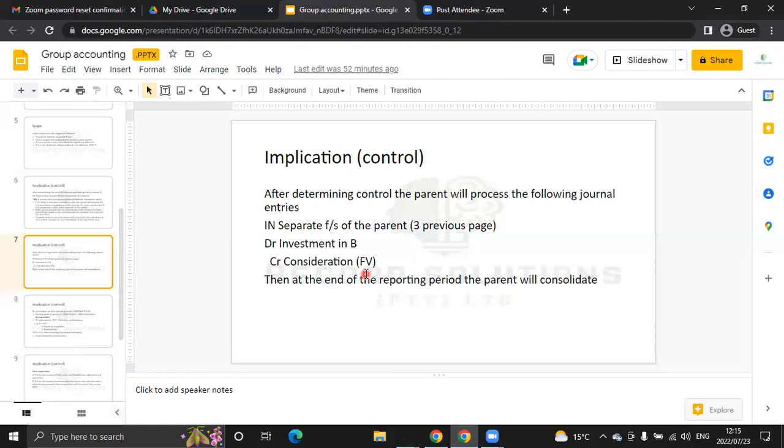Now let's look at other types of consideration that you can use. The first one is non-monetary assets. By non-monetary assets, I mean things like PPE, investment property, intangible assets. Most of them are recorded at cost.